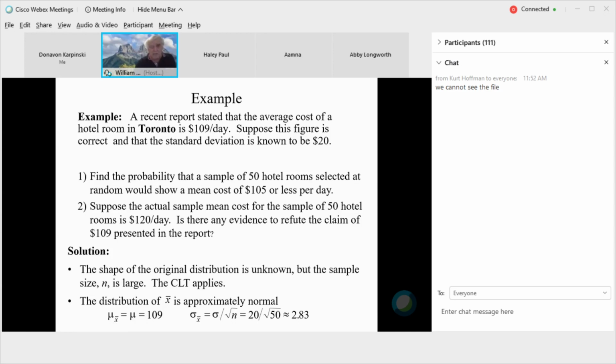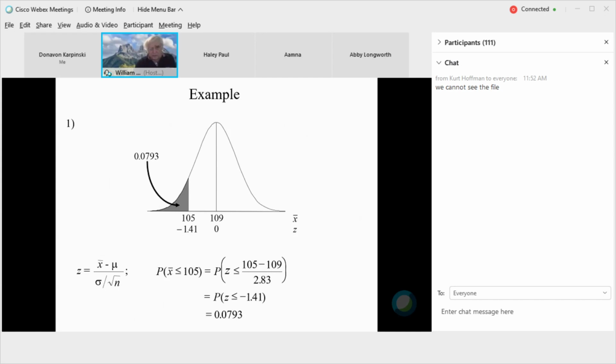That allows us to answer questions 1 and 2. In question 1, we want to find the probability that X bar is less than 105. That works out to be 0.0793.